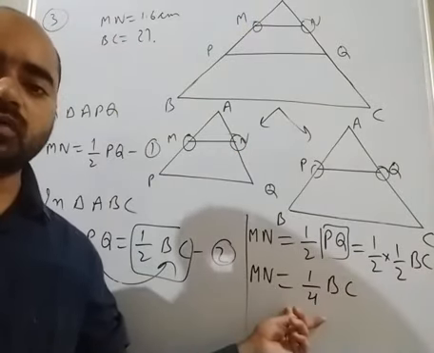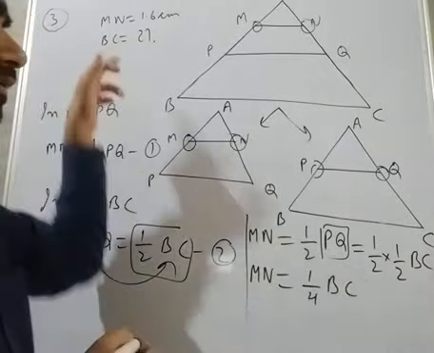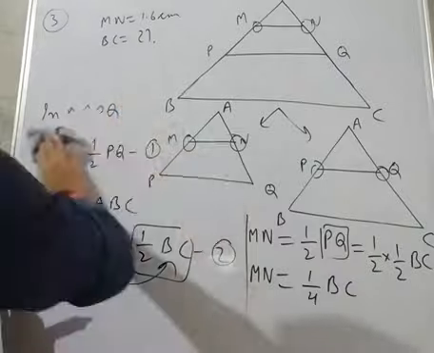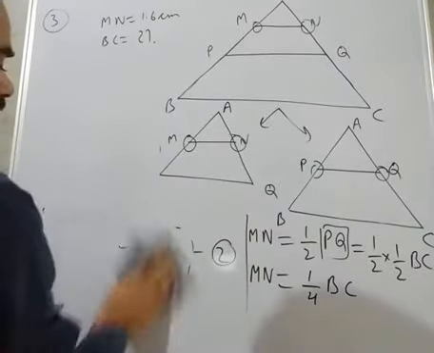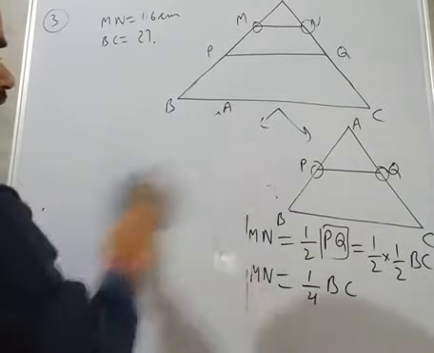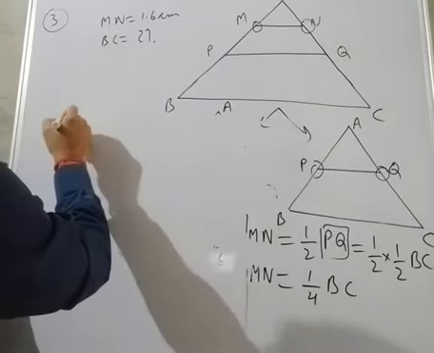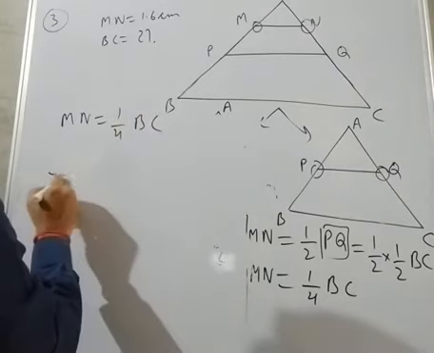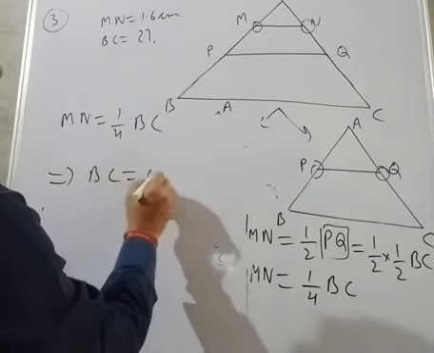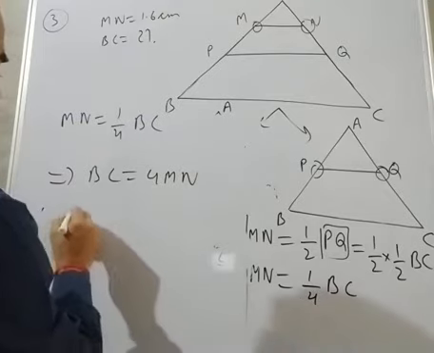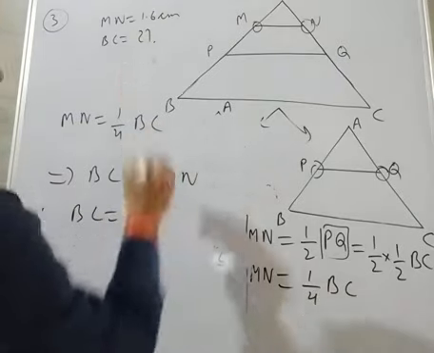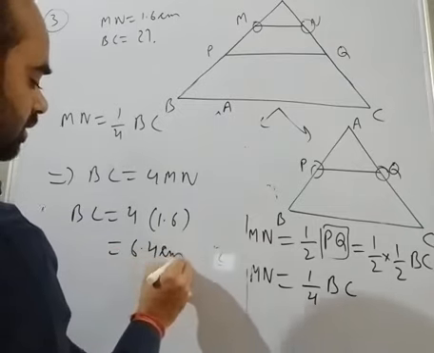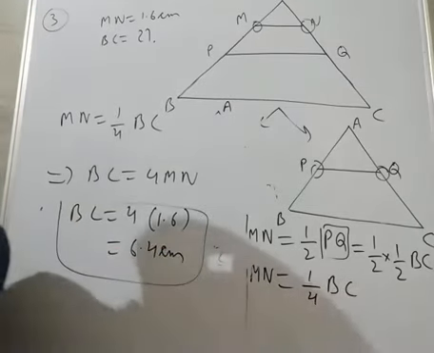MN is 1/4 of BC, and we have to find BC. How will you find BC? We have proved MN is 1/4 of BC. Therefore, what is the value of BC? 4 times MN. It means 4 times 1.6, that is 6.4 centimeter, correct?